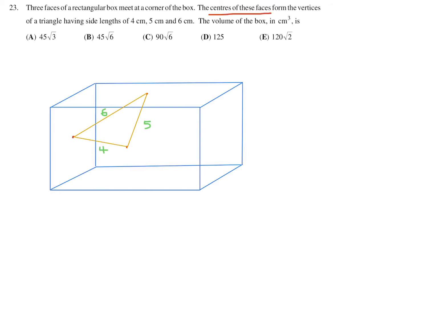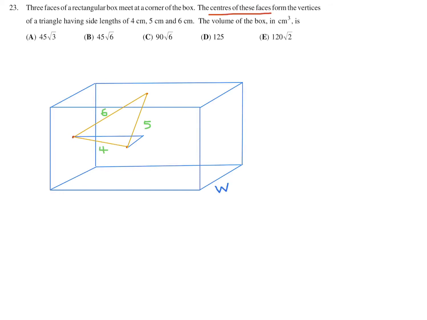Now, we have to sort of visualize this as not just a triangle, but sort of a pyramid. So I'll do this one step at a time. First, I drew those blue lines to create another triangle. And I want you to pay attention to what I'm about to do.